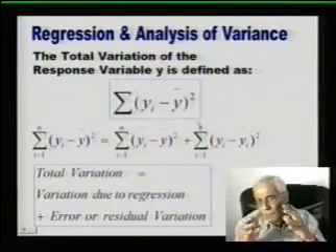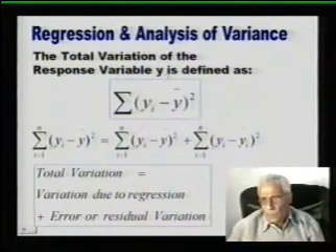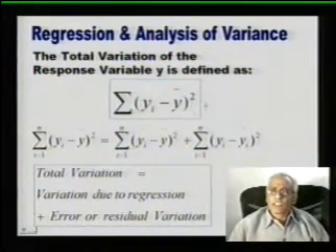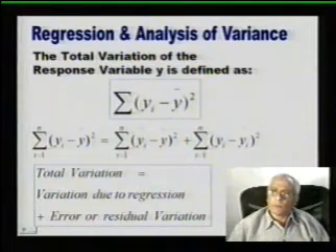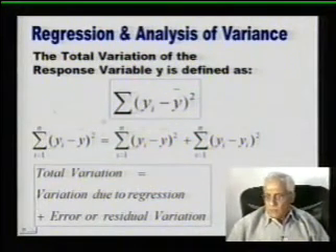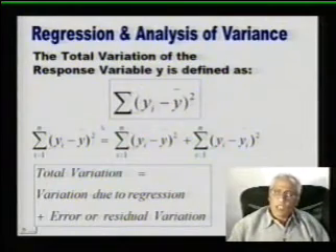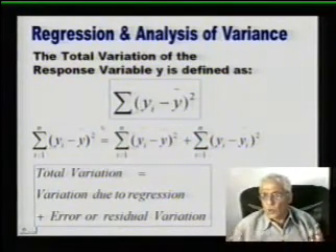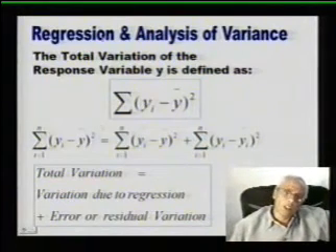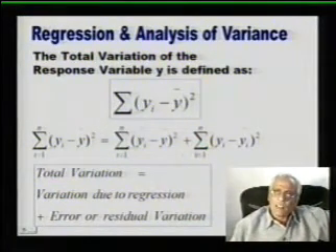We can mimic this top equation a little bit to lead us to this equation, meaning that the total variation, or the sum of the squares of the deviation of individual values of y from the average, would be equal to this sum term and this sum term.